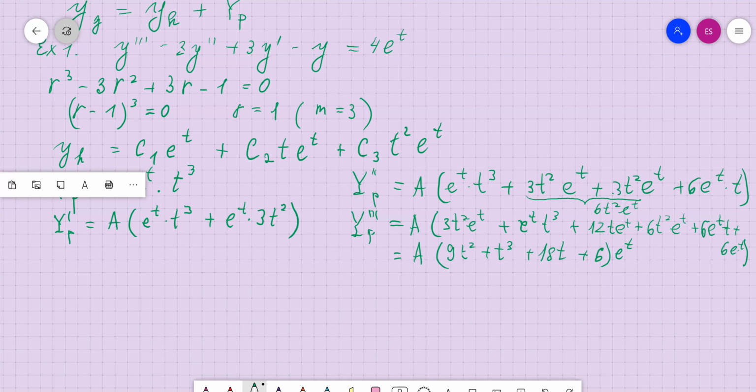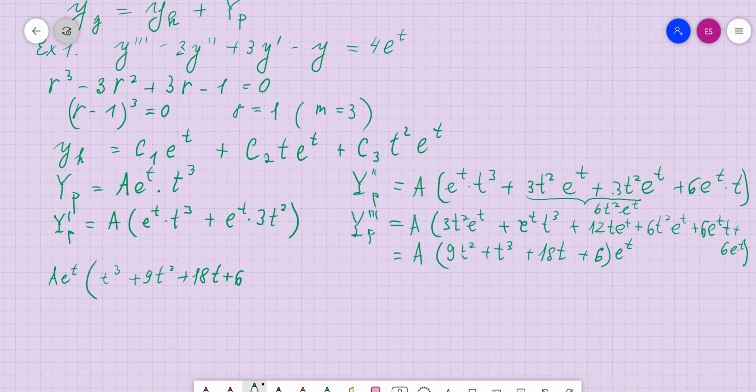This a and exponential are going to be repeated in all these derivatives, so I'm just going to put it outside. A e to the power of t here, right? For the third derivative, I just need to copy it. I'm going to start with the highest power, t cubed, plus 9t squared plus 18t and plus 6. So I did copy the third derivative.